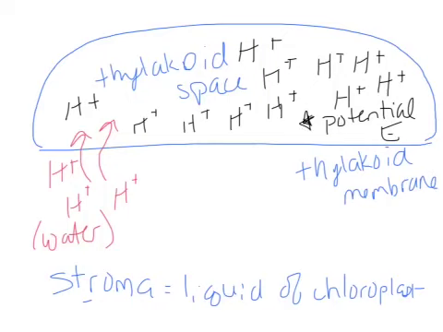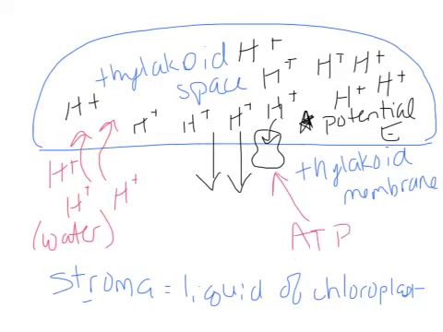Now that I've built it, the hydrogen ions naturally are going to want to go back across the membrane into the stroma. And when they diffuse into the stroma, they diffuse through, I'm a great artist, right, this molecule here. And that molecule is called ATP synthase.